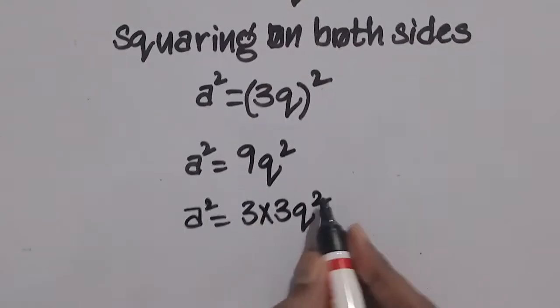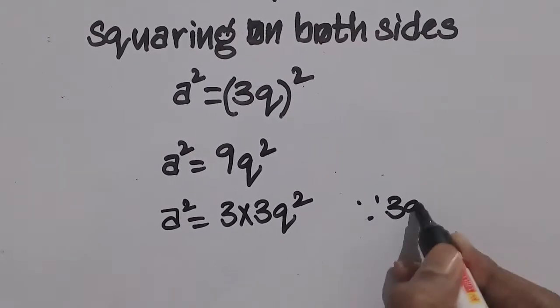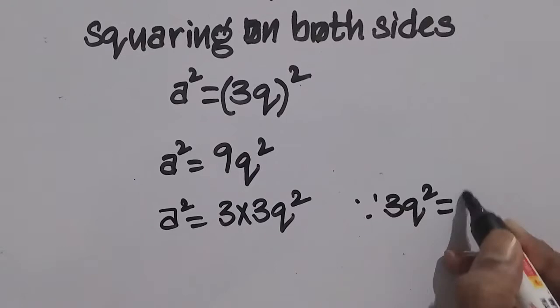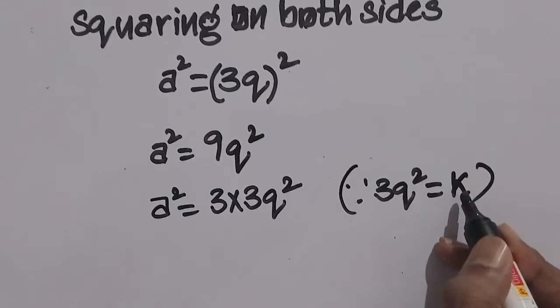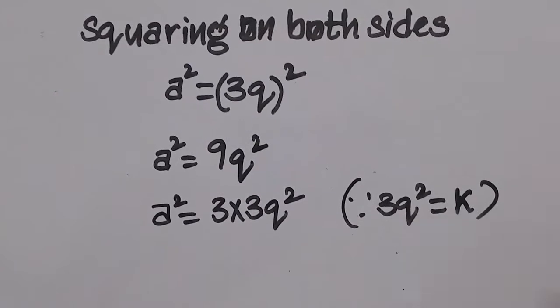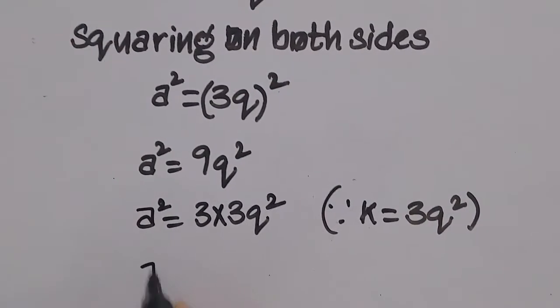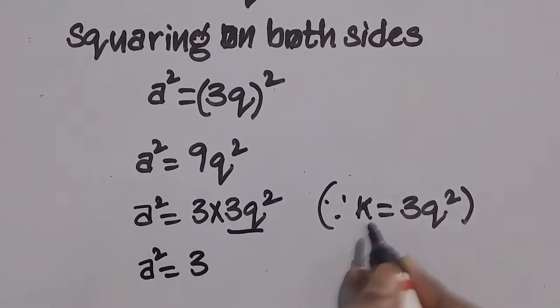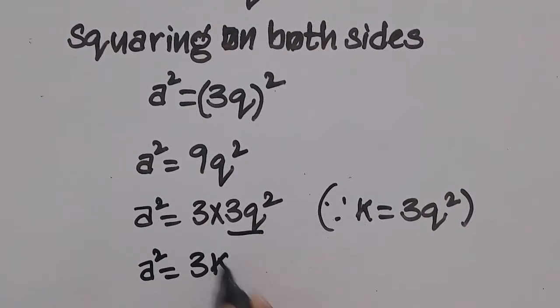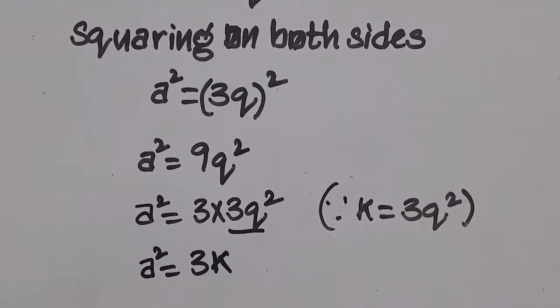Let this 3q square be k, or else k equals 3q square, as you wish. So LHS a square equals 3k, where k is any positive integer. Okay, the first case is finished.